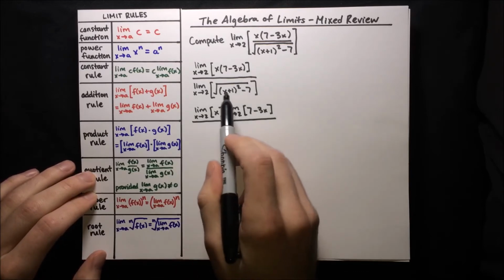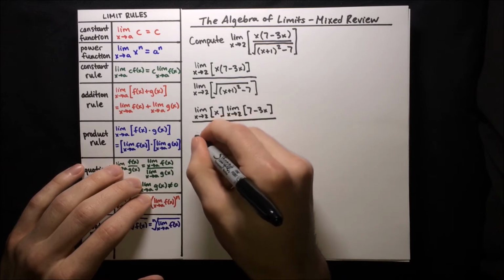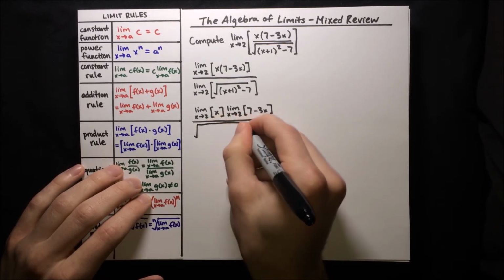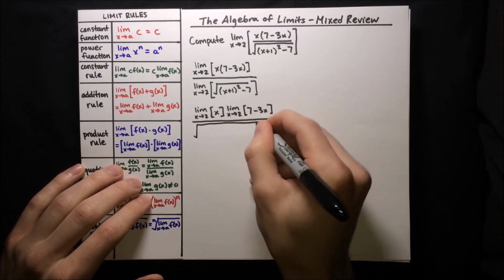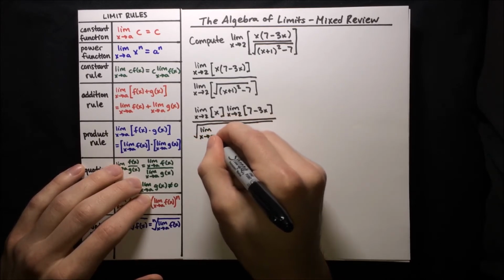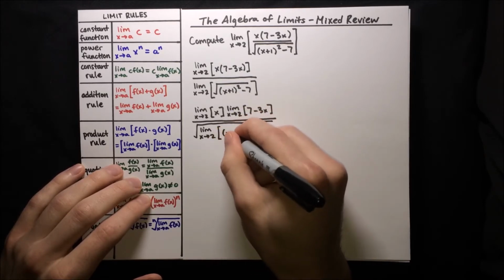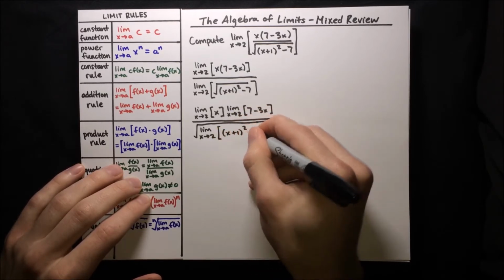So do the limit first and then take the root afterwards. And let's do that. So that's just the root of the limit as x approaches 2 of the inside of the root here. So x plus 1 squared minus 7.